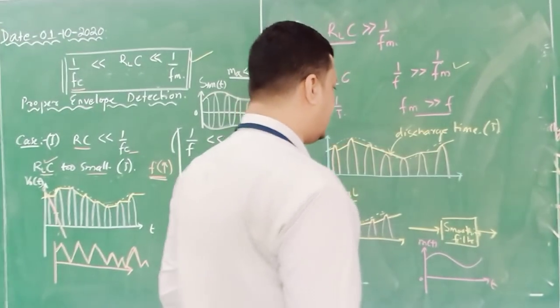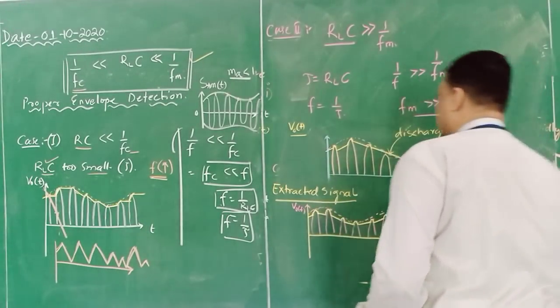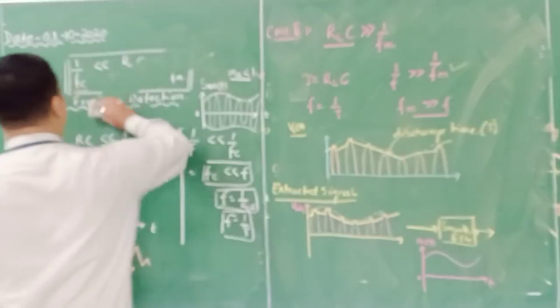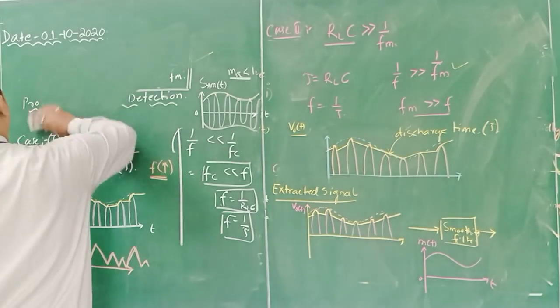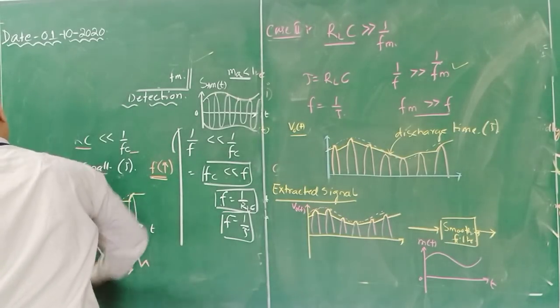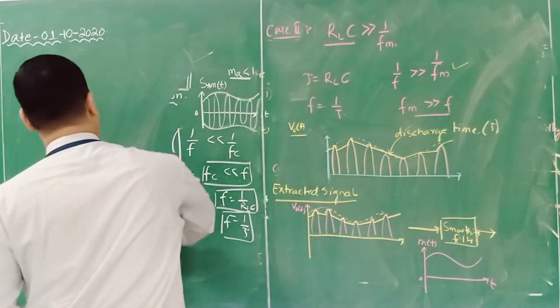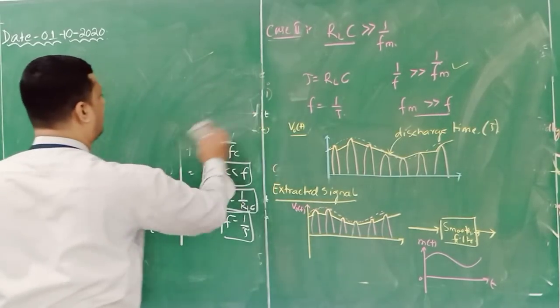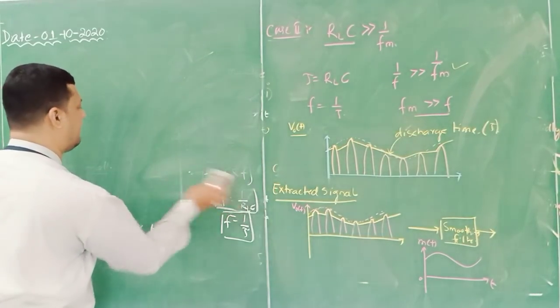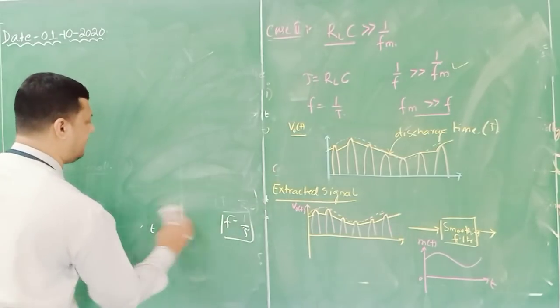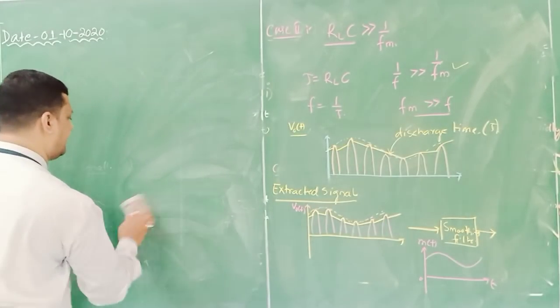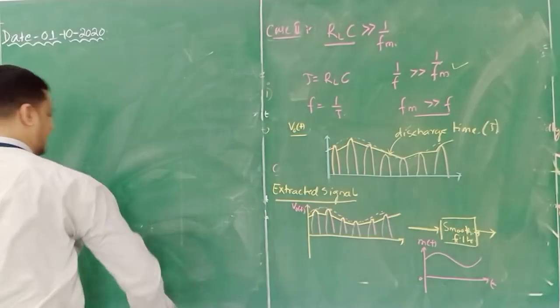Now next we will see, if I am providing a modulating signal, then what will be the outputs of the envelope detector? One by one we will see. Let me erase it.